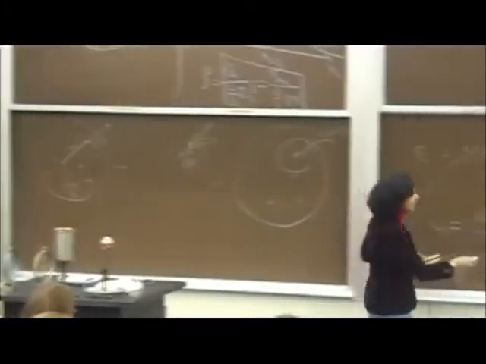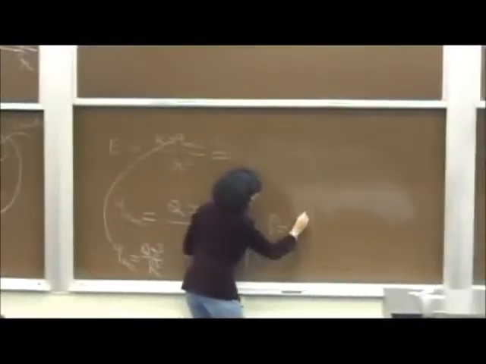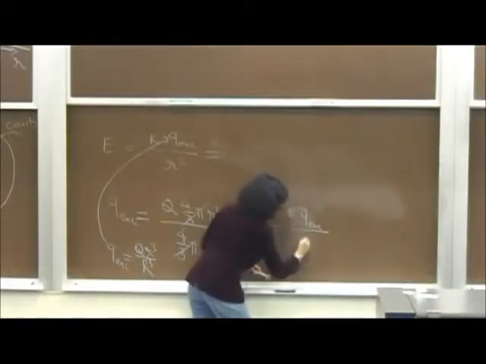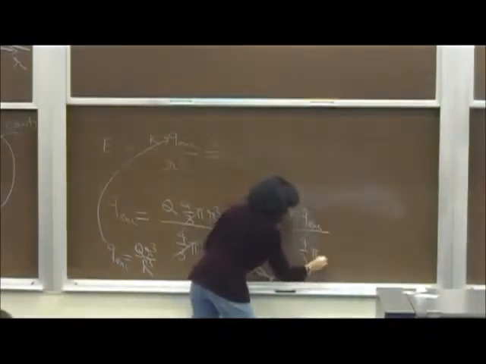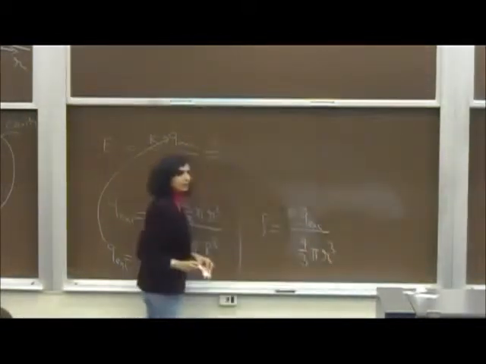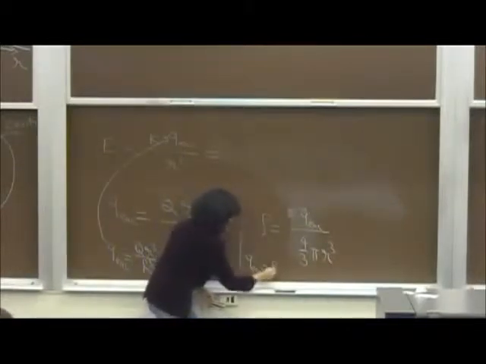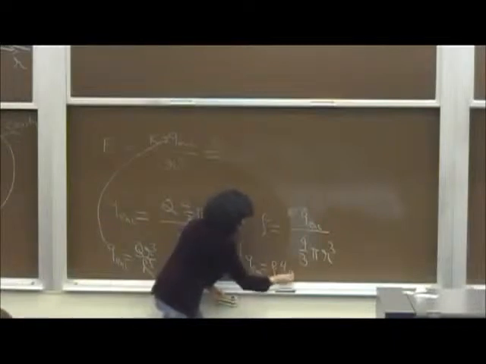Yeah, it's very easy because all you have to say is rho is equal to Q enclosed divided by 4 over 3 pi r cubed. And that means Q enclosed is equal to rho times 4 over 3 pi r cubed.